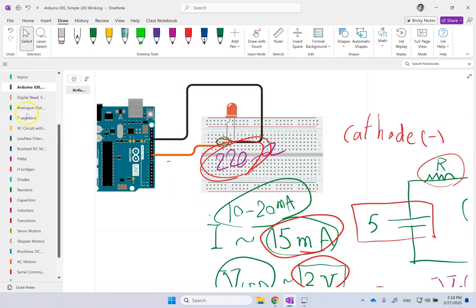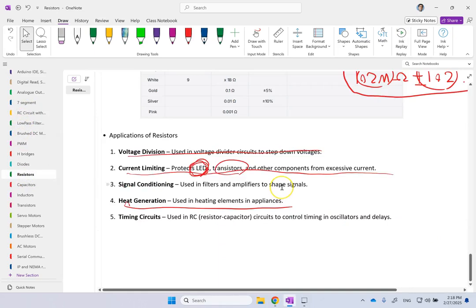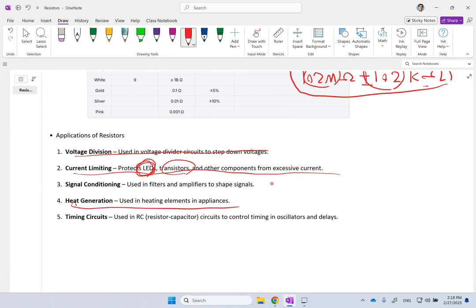And you'll see later when I do my transistors, we also need to calculate appropriate resistors and put them next to the collector or next to the base of the transistor and make sure the current does not surpass the limits of the transistor. And of course, we use them in amplifiers.